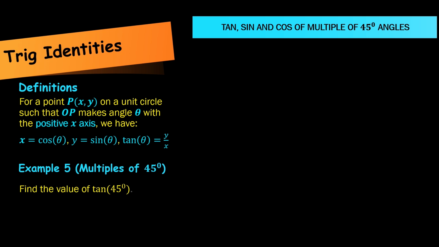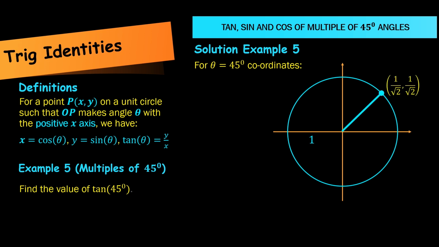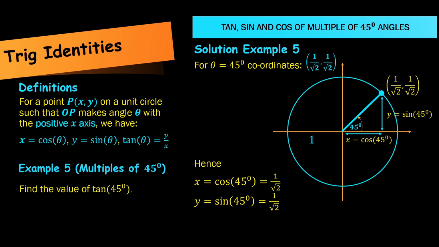So now we're ready to find the value of tan 45 degrees. For theta equals 45 degrees, remember we had the coordinates 1 over root 2, 1 over root 2. So x equals cos 45 degrees from the definition, and x equals 1 over root 2 from the diagram.